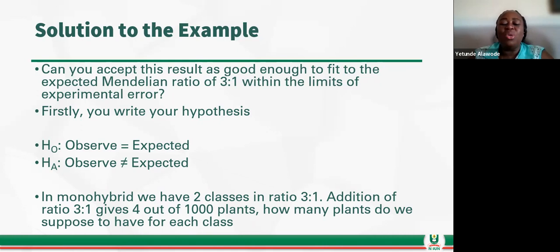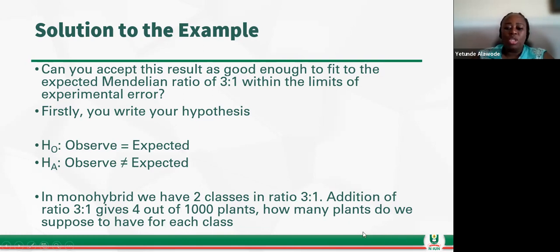It's not every time you have to get positive results when you go to the field. If you do things the way you're supposed to do it and you still get a negative result, you report it that way. It can be for several reasons. So your observed is equal to expected is your null hypothesis, and the alternate hypothesis means that your observed value is not equal to the expected value. So this is how you write your hypothesis.